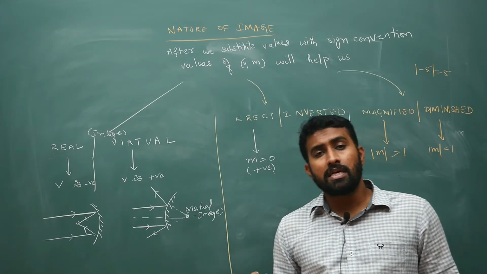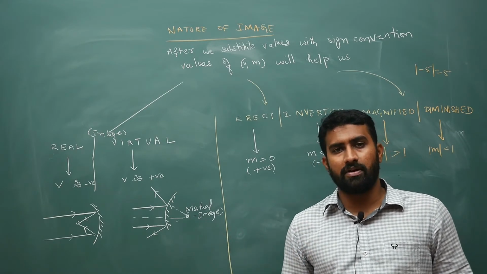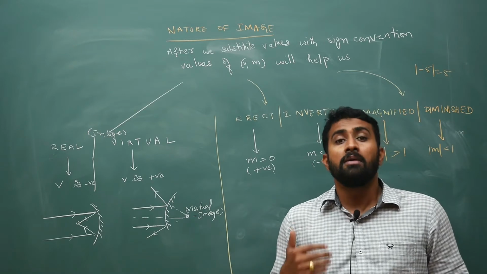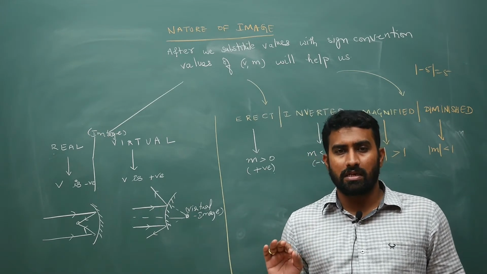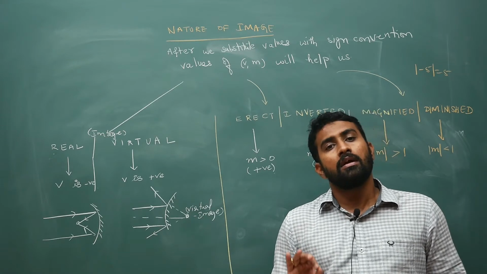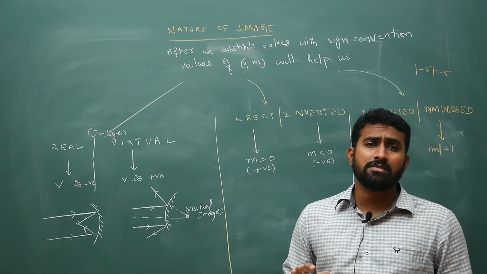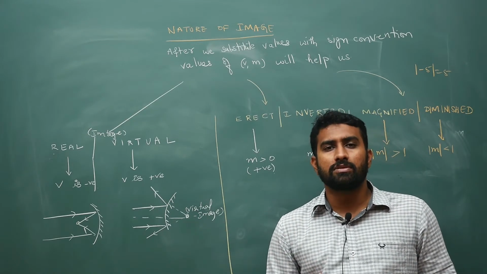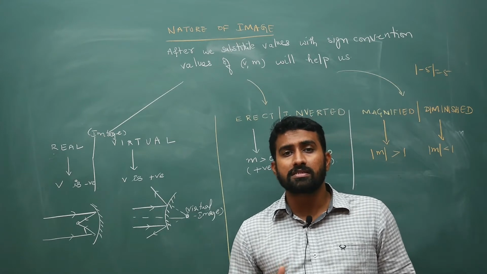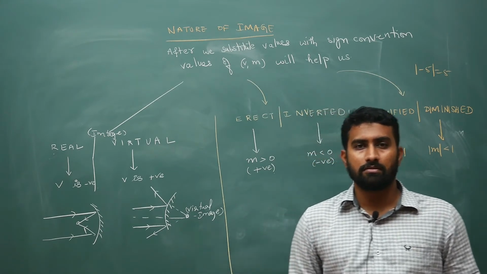Later you will see longitudinal magnification, areal magnification, volume magnification, but for now it is plain and simple transverse magnification, which means perpendicular to the principal axis. I will elaborate in detail in the magnification part. That's all, nothing more than that.